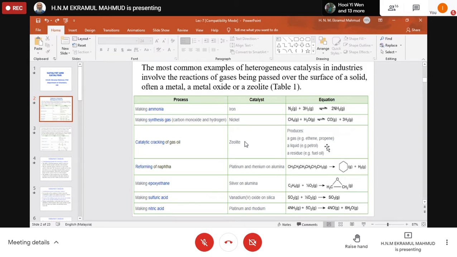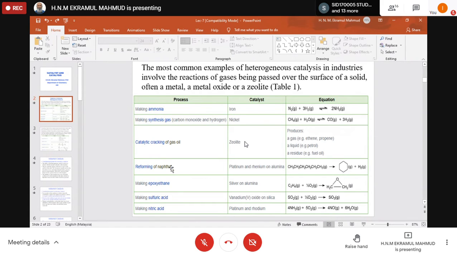After that, 17, 18, 19, 20, or maybe 18, 19, 20. This carbon chain of carbon 18, carbon 19, carbon 20 hydrocarbons, these are solid wax, or the petroleum residue, you can say.